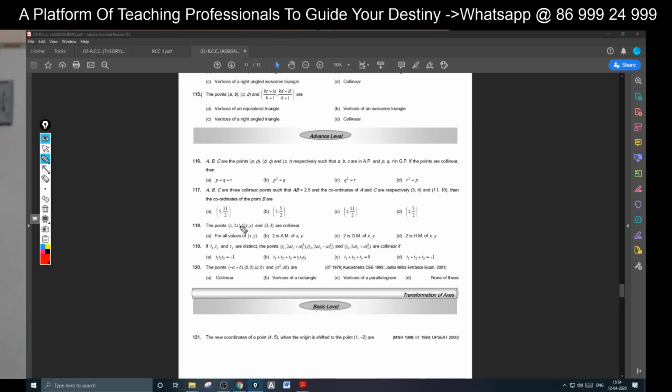Okay, now coming to the last question here, 120. The points (0, 0), (a, b), (−a, −b), (a², ab): are they collinear, vertices of a rectangle, vertices of a parallelogram, or none of these? See, this is simple.